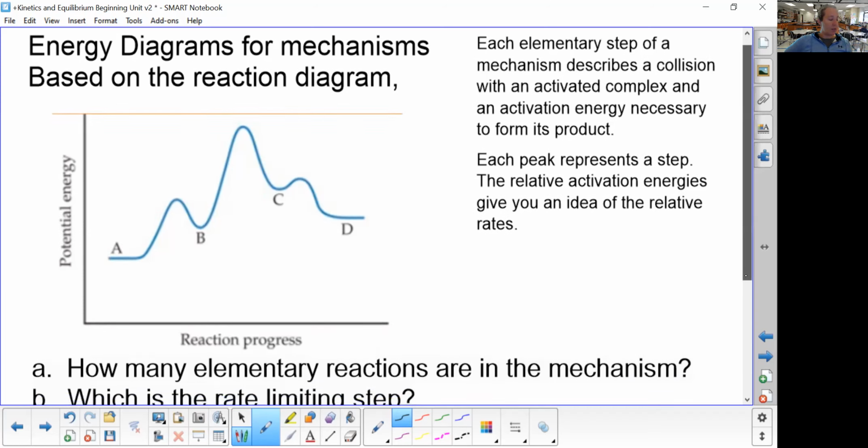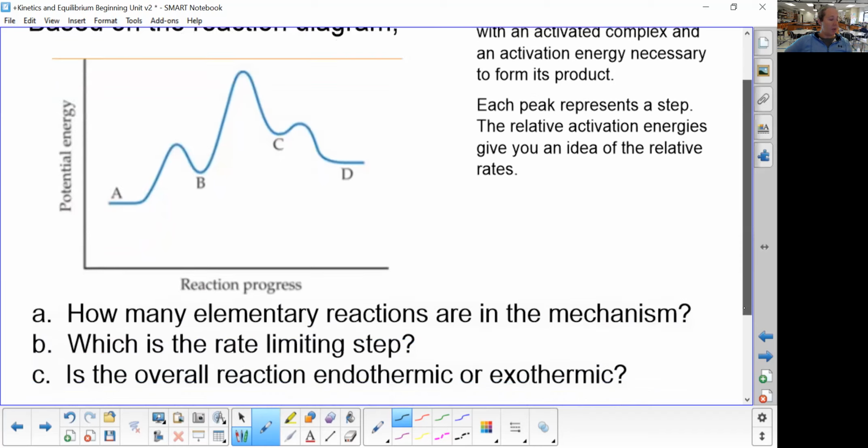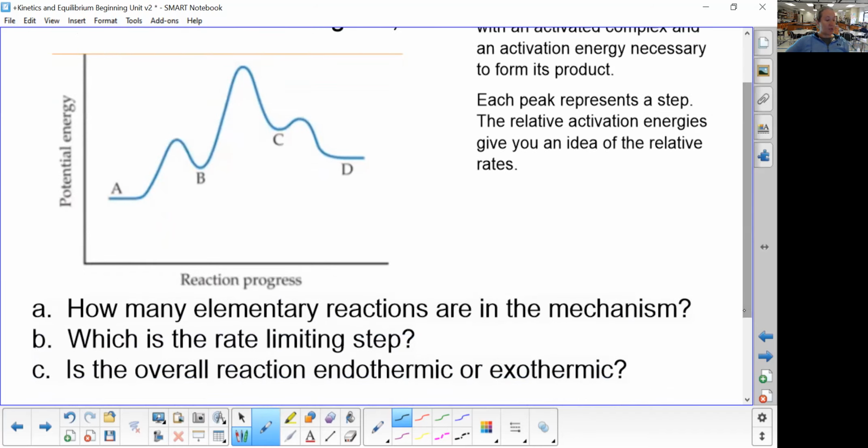So there's a couple of questions that could be asked from this. How many elementary reactions are in the mechanism? You're starting here, you've got 1 peak, 2 peaks, 3 peaks. So there's got to be 3 steps, okay? Each step has a different, oh, I want to do this last one. The rate limiting step is going to be the one that has the highest change in activation energy.